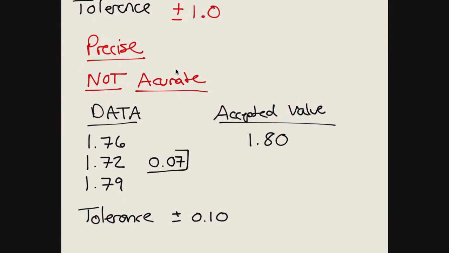That's what we call a differential, or that's how far apart my data is. Does that fall inside my tolerance? It does. So we can say that the data is precise. Absolutely. Definitely precise. So that's good.